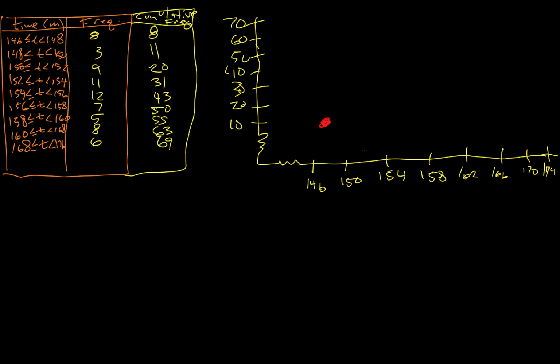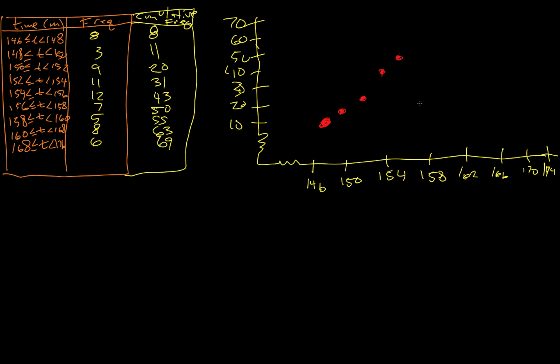And then about 1:50 or so we have 11 people who have finished the race. And then in between this time interval there's about 20. So we'll do that. Then there's 31 when we get to this one. And then there's 43 when we get to this one. So maybe right there.